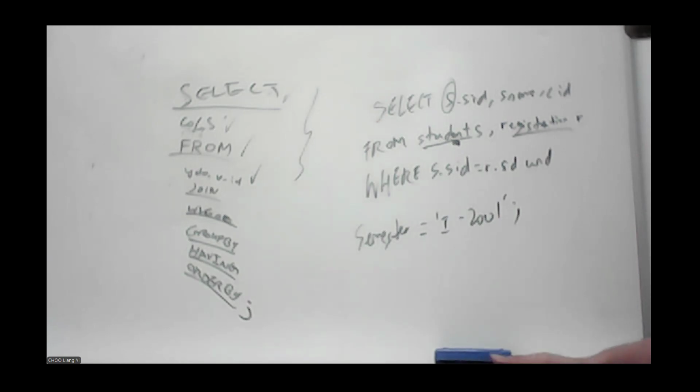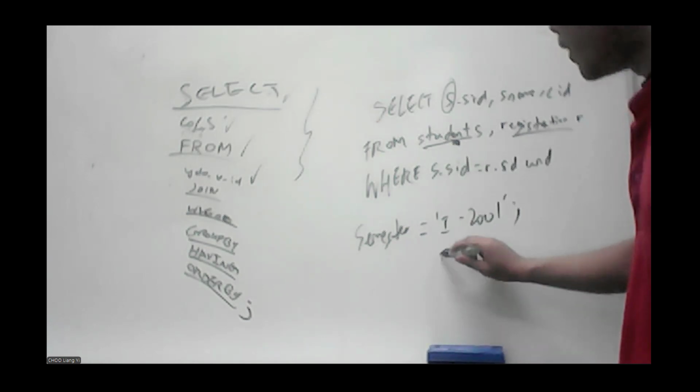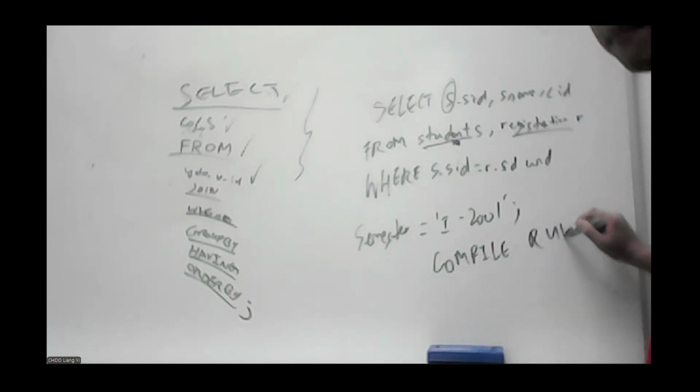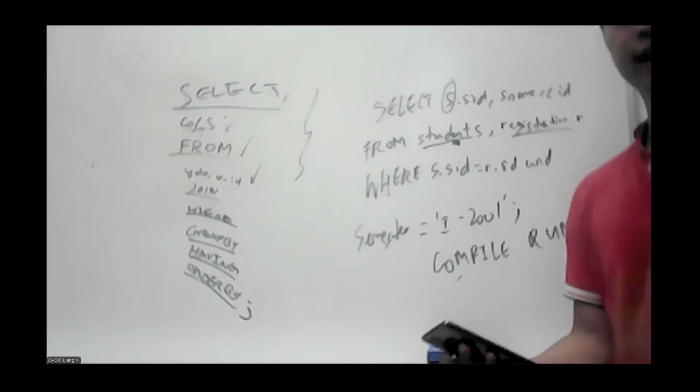But in programming, when the machine runs code, there are two different things: there's compile, then there's runtime. Compile means you combine everything together first. For example, you want to write a letter.